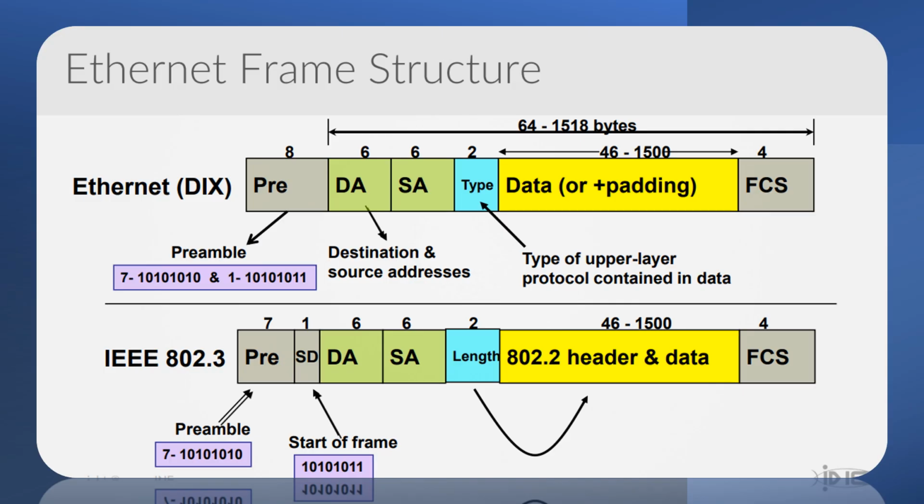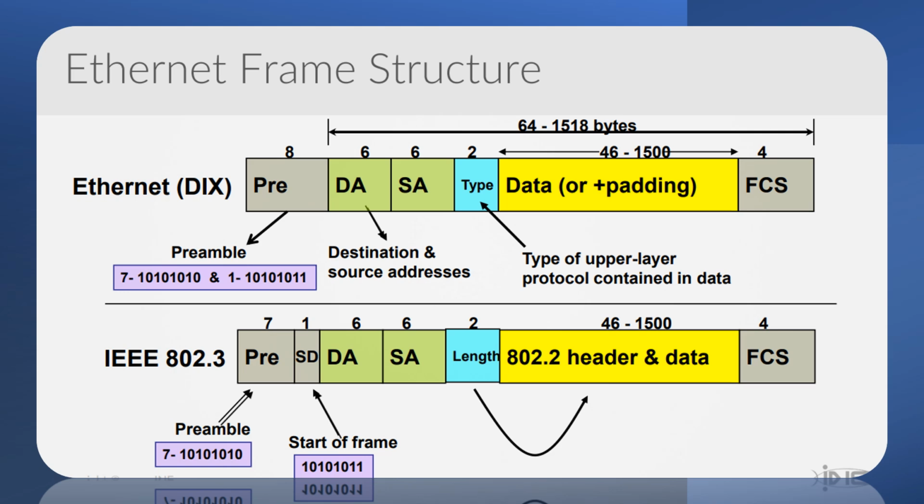An Ethernet frame can be said to be the basic unit of data that is transferred in an Ethernet network. That is, data is transferred through Ethernet in the form of frames. In this slide we will be discussing the Ethernet frame.